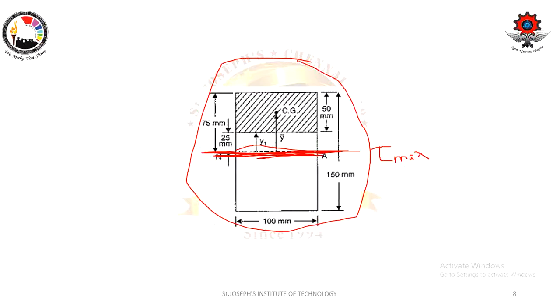So we will first understand the rectangular section, and later when I find time, I will post a video on the triangular section, and why it doesn't have the maximum shear stress at the neutral axis, right?